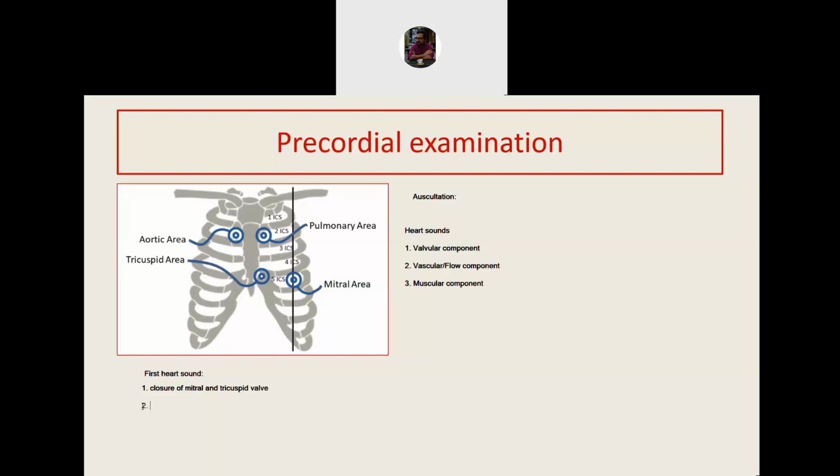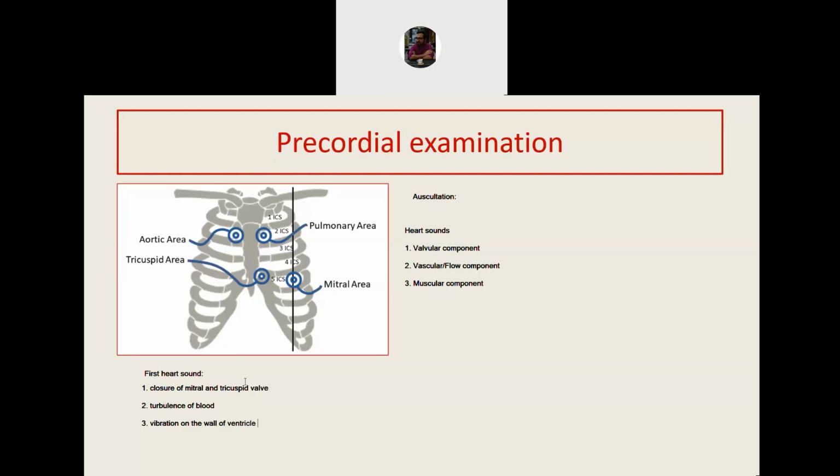Additionally, some extra sound is produced by turbulence of blood. That is the flow component. And thirdly, the wall of the ventricle will also vibrate. So vibration or tension on the wall of the ventricle also causes the first heart sound. These three components join to produce the first heart sound.